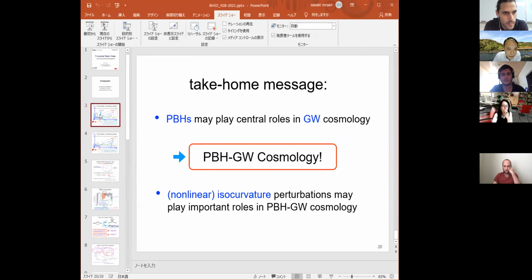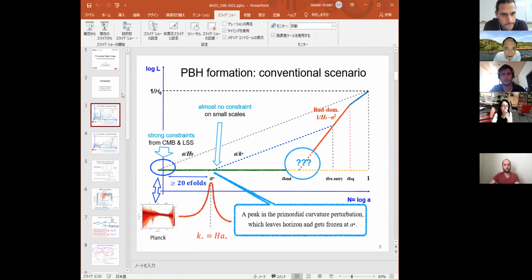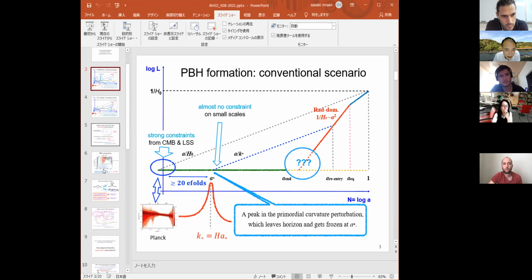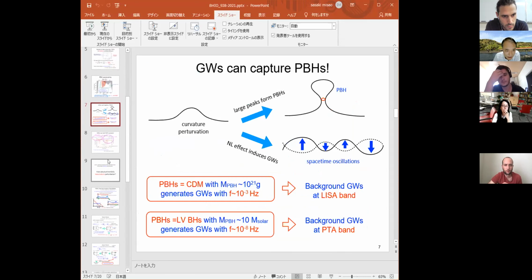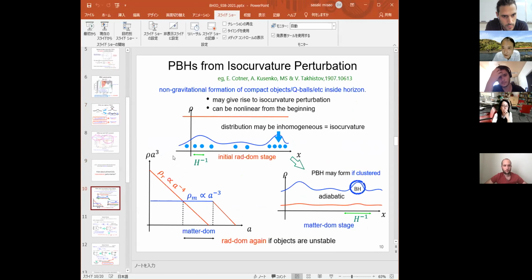Well, the first part, this discussion about the standard, conventional scenario, can be a multiple field model. It doesn't have to be a single scalar field model. And then about the isocurvature models, we don't know, but as I have said, the only thing we assume is that for some reason there were initial isocurvature perturbations.